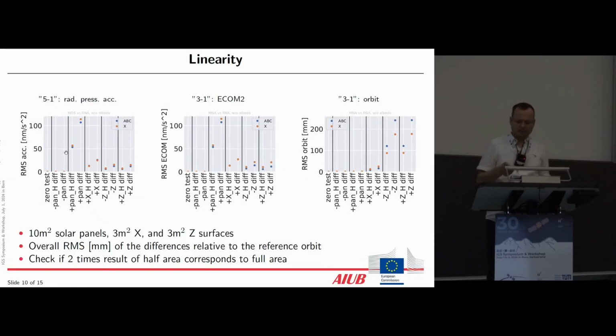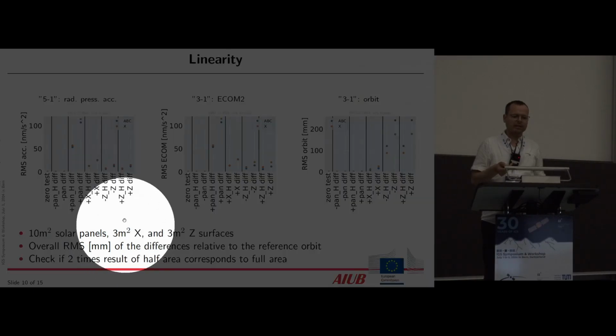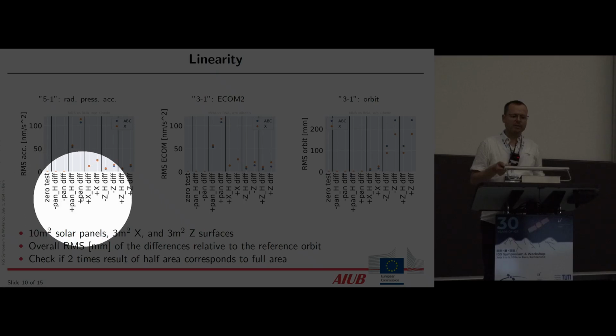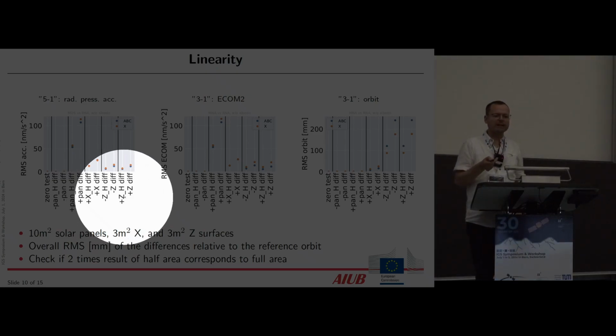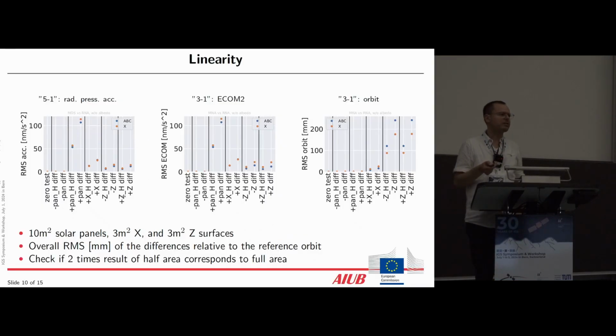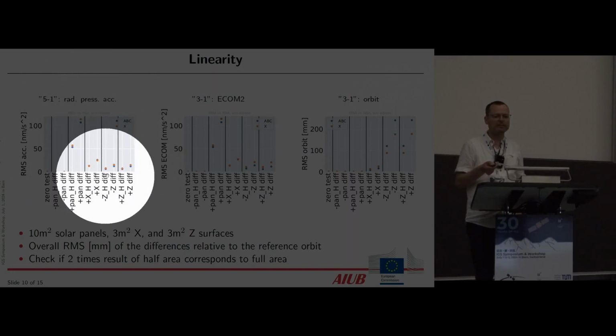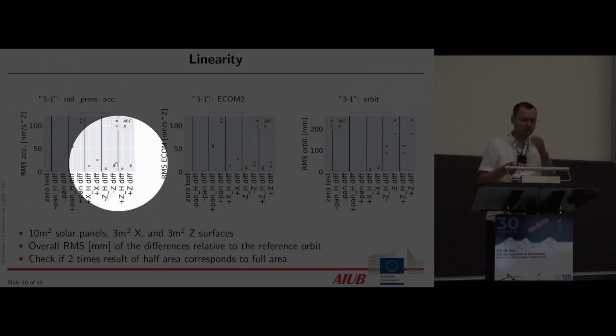You also see on these slides different situations. So you have panel backside, panel front side, X array surface, C surface minus, C surface plus. Here you first have the radiation pressure acting directly on these surfaces, which behaves linearly because the orbit is changed only a little.